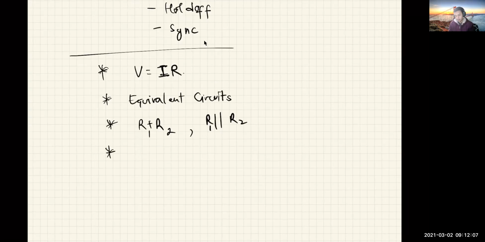The fourth thing would be superposition. And this basically tells you that if you have multiple inputs in a circuit, the behavior of the circuit due to the combination of sources is the same as the sum of the behavior of the circuit due to each of those sources applied individually.